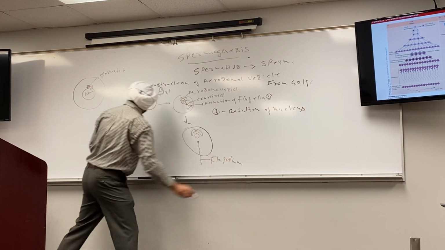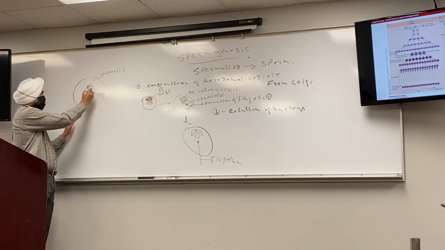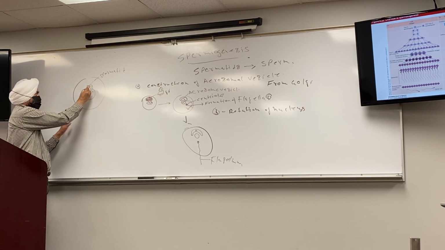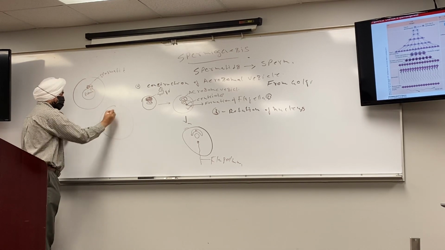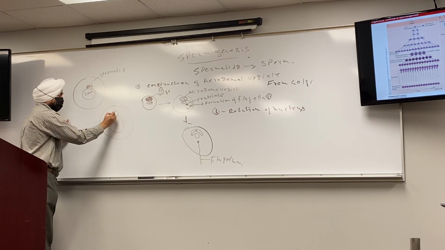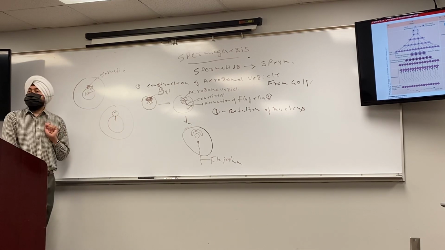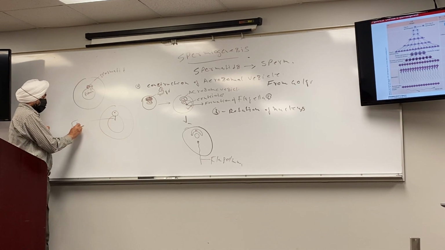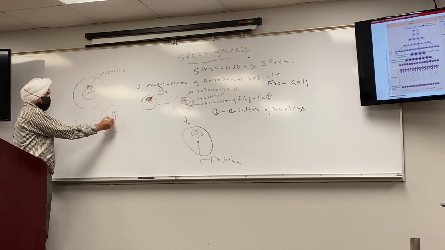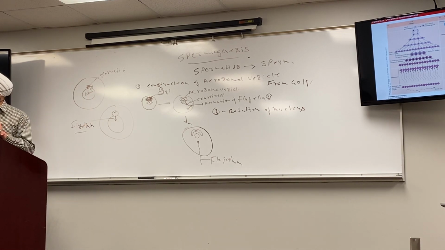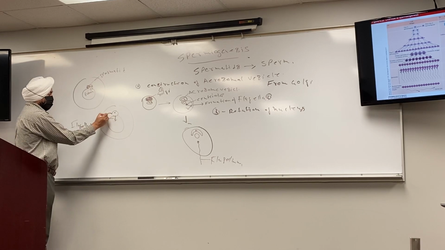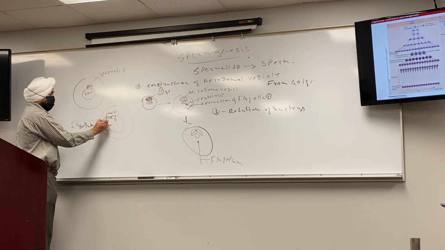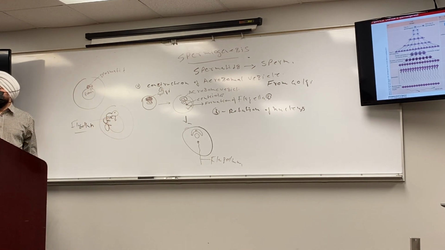Because this rotation has taken place, the flagellum which was going in this direction will now be in the lumen. And remember, they are all joined together, so all the flagella will be in the lumen. So far it is okay?